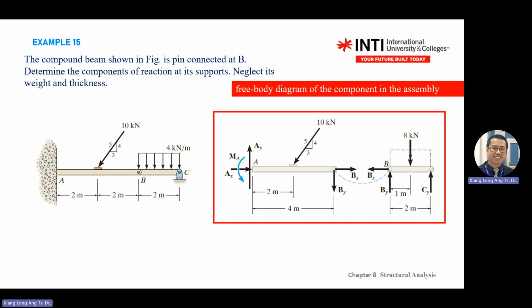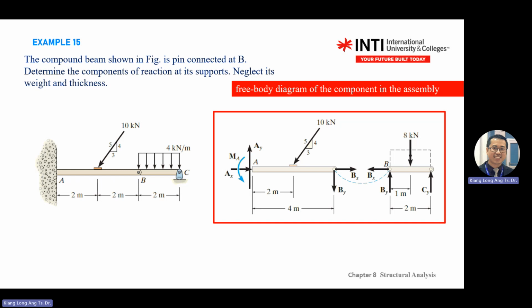I think the rest you already know. Then how do you solve for all the unknowns? So how many unknowns do you have? You have CY, BY, BX, AX, AY, and moment. You have 1, 2, 3, 4, 5, 6.